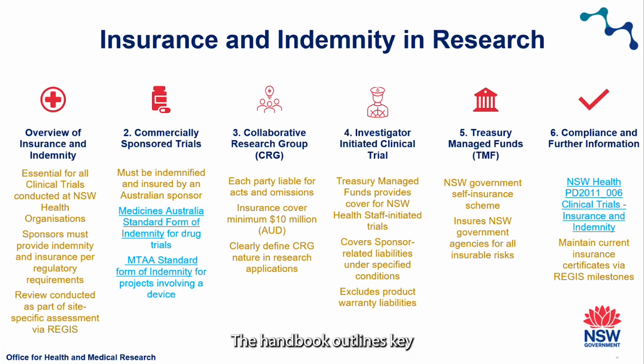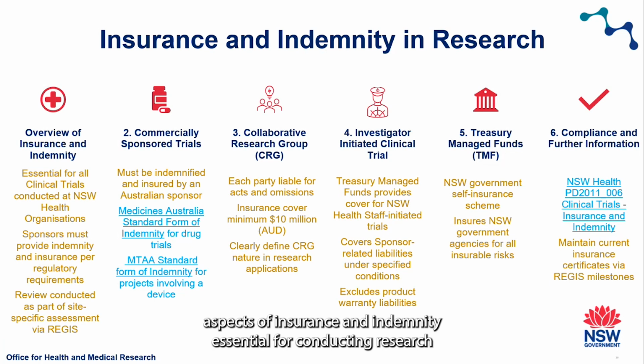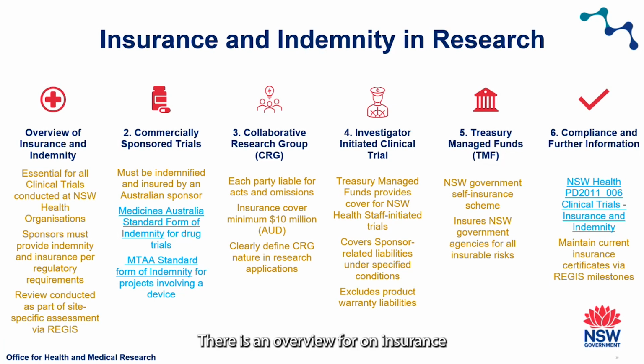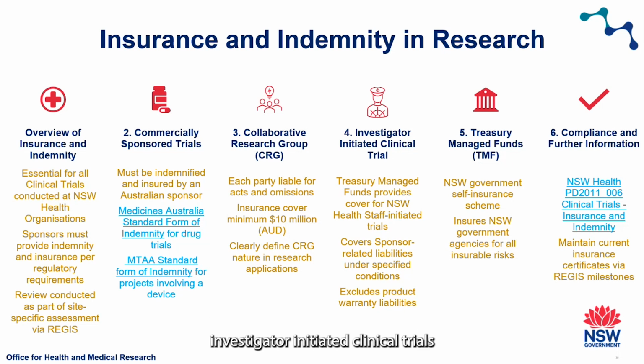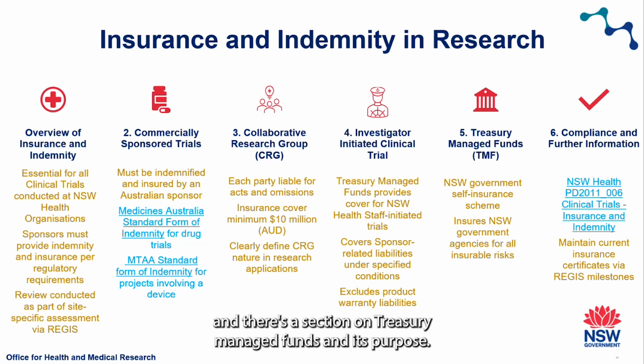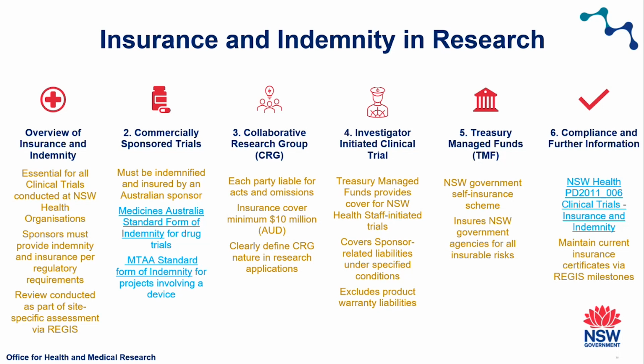The handbook outlines key aspects of insurance and indemnity essential for conducting research in New South Wales health. There is an overview on insurance and indemnity, its importance and requirements, and commercially sponsored trials section, coverage of insurance and collaborative research groups, their liability and insurance cover, investigator-initiated clinical trials, and there's a section on treasury managed funds and its purpose.